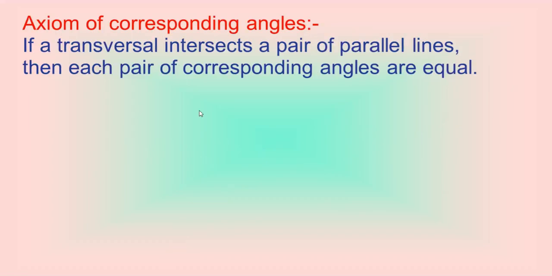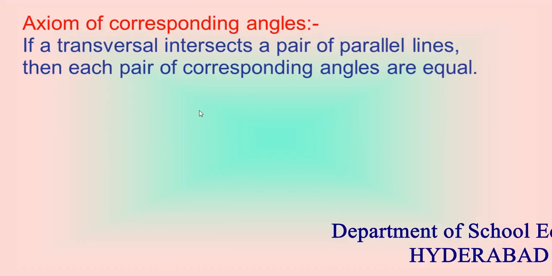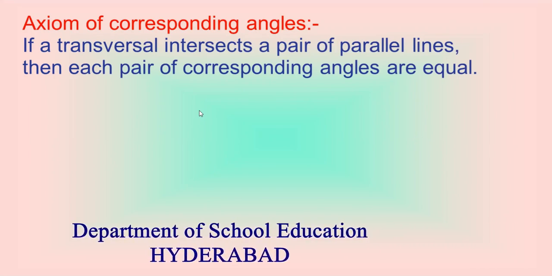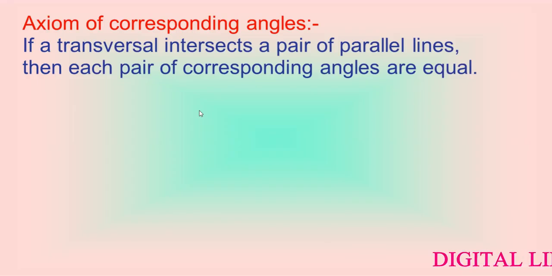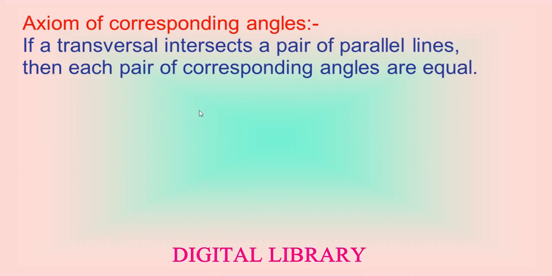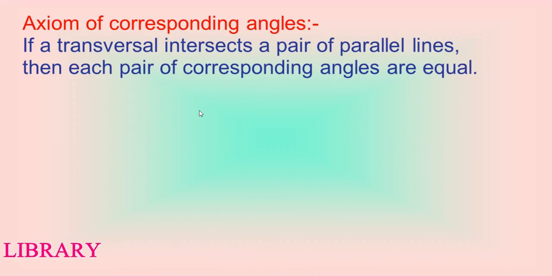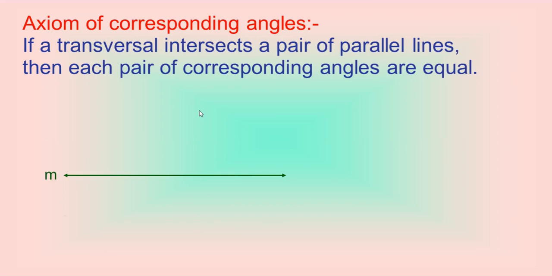Axiom of corresponding angles: if a transversal intersects a pair of parallel lines, then each pair of corresponding angles are equal. M and N are two parallel lines.